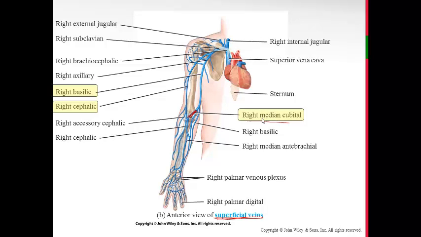Now, the median cubital vein is very important when it comes to, for instance, a blood test or transfusion. This is usually the site where they will be taking blood samples, and for injection or so.